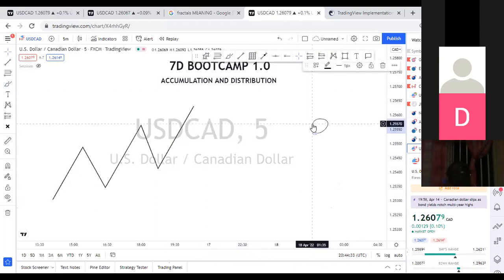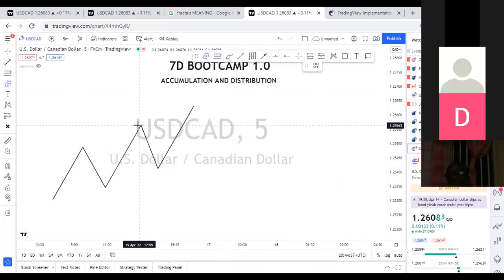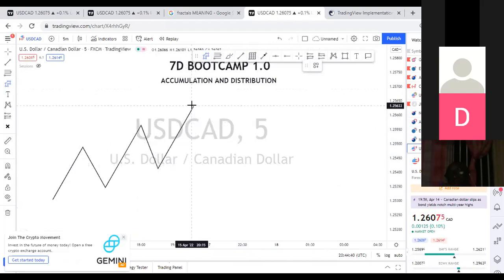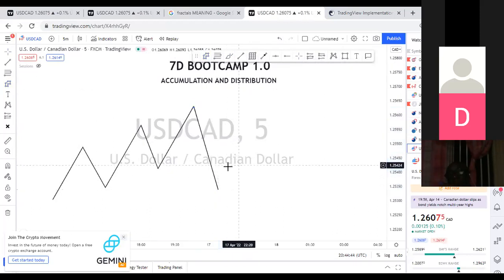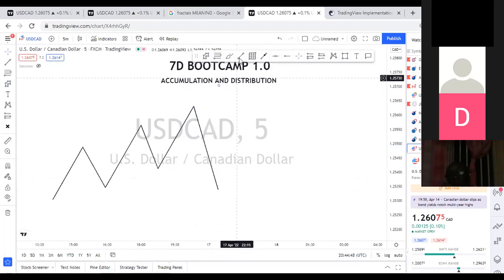So, we know that when price gives us a new higher low, and then a new higher high, and then price comes and closes below the last higher low, then we have what? A break of structure.